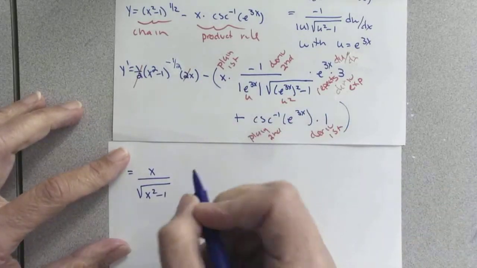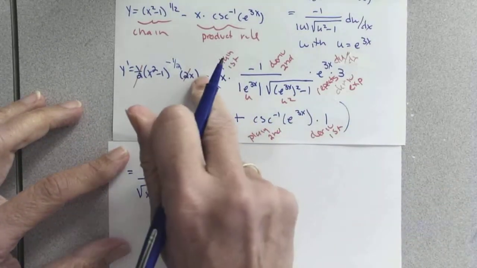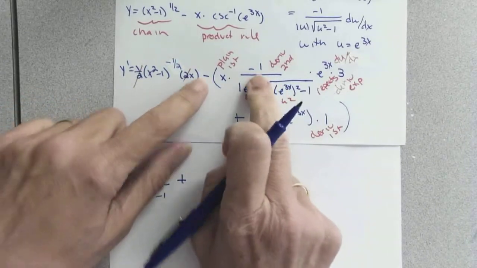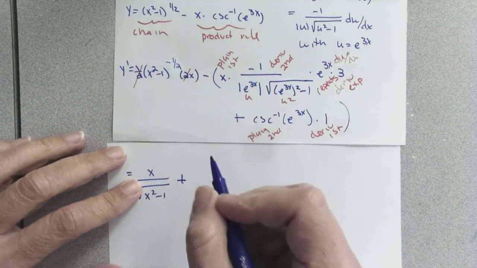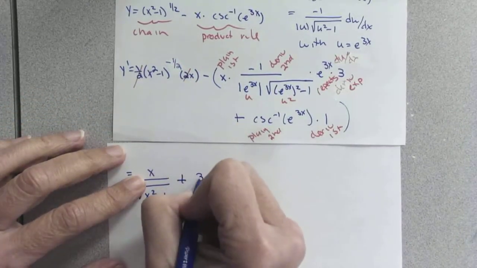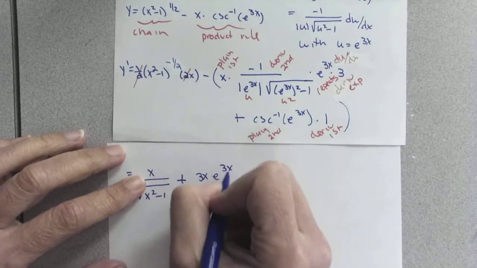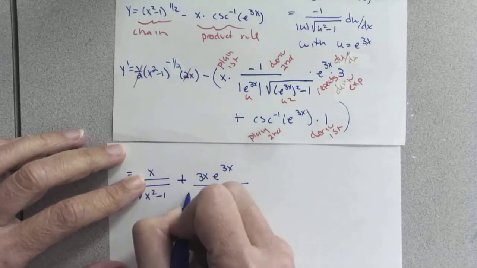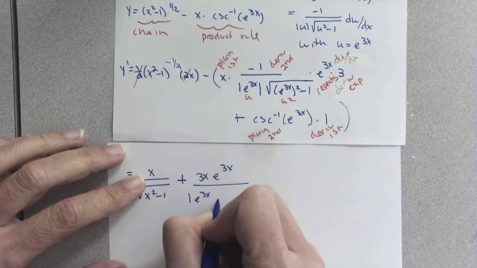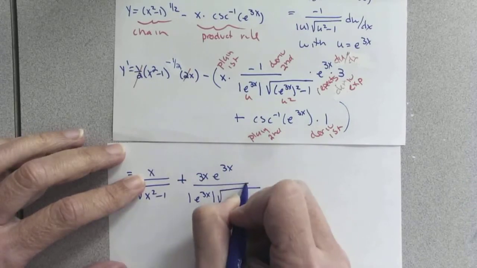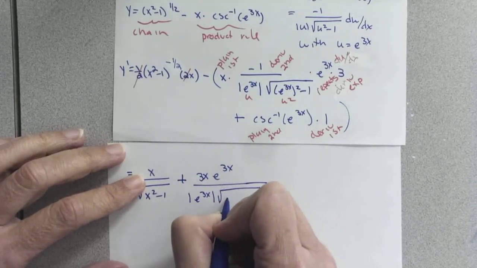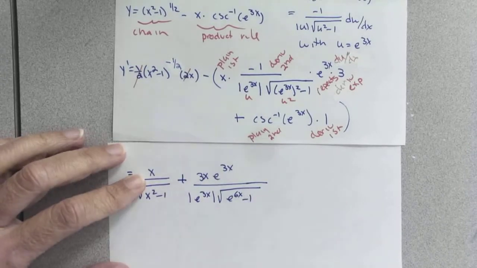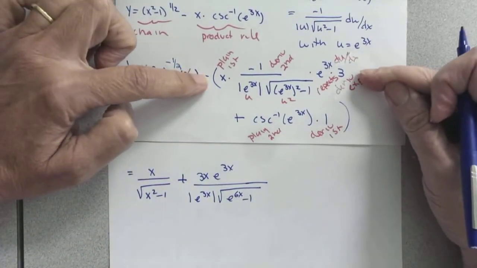And then distributing that minus sign, and so a negative times a negative right here is going to be positive. And so what I have in the numerator here is 3x e to the 3x over the absolute value of e to the 3x, the square root of e to the 6x minus 1. So that's all this guy right here.